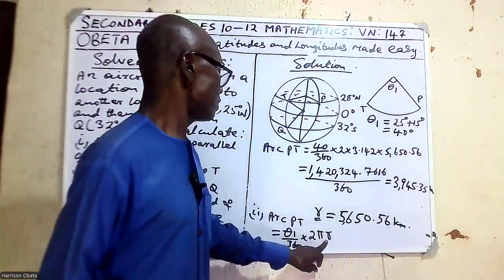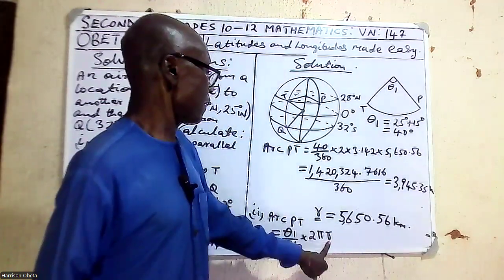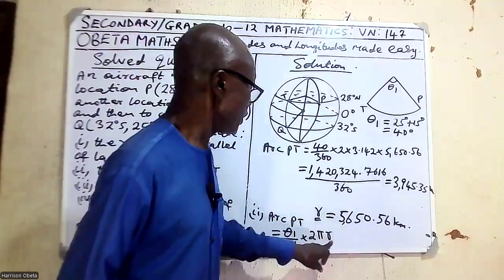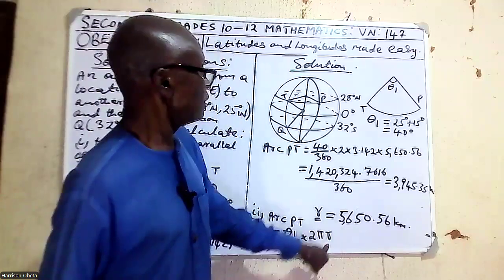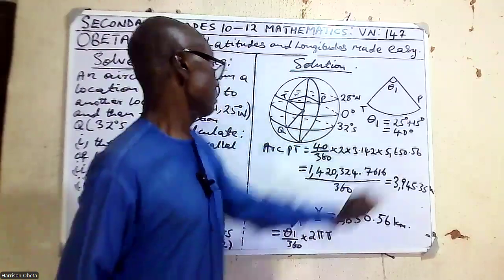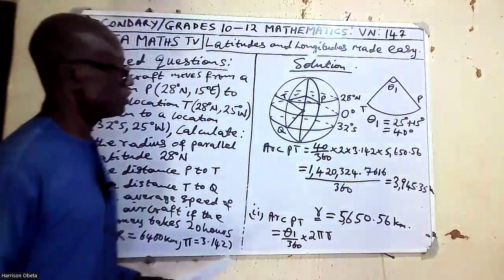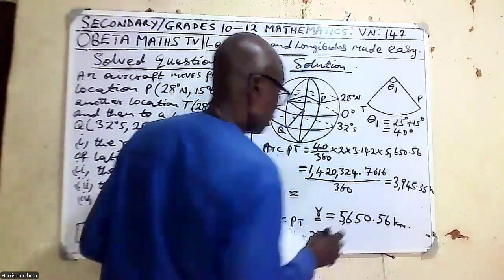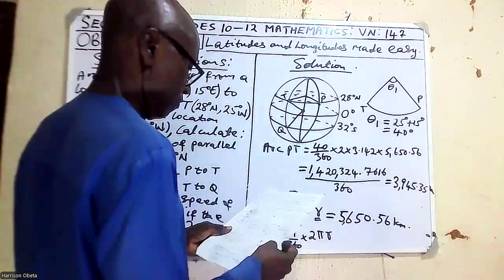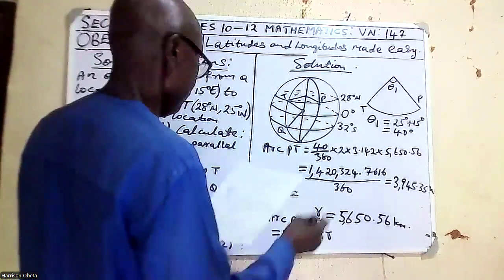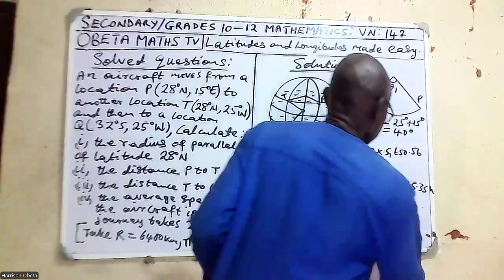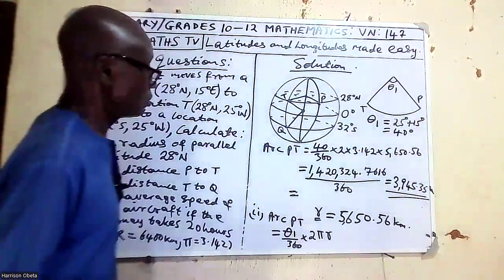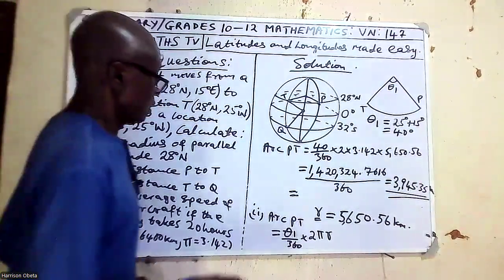So instead of continuing with r cos alpha, I replace this value here, to make it shorter for us. So we have this as our answer. That is the second value now.